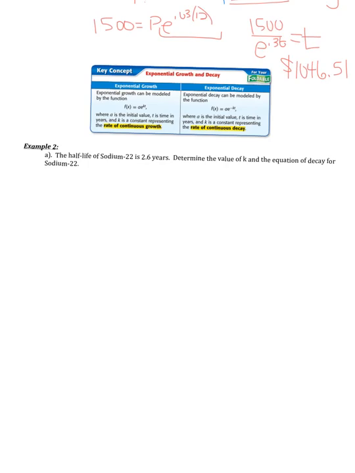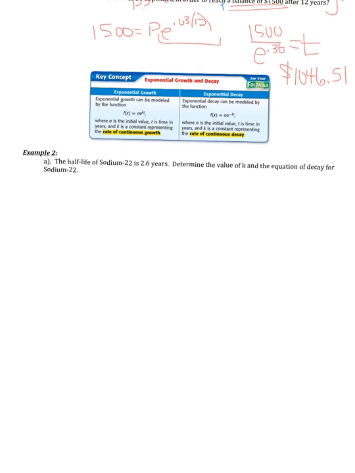So I'm going to say that A is my initial amount, and then if I want half of that left, we'll call that half of A. So that is what I'm searching for with half-life, or when am I down to half of what I started with. So when I fill in that formula, I'm going to have half of A equals A e to the negative k, and then it's 2.6 years, so that's time.